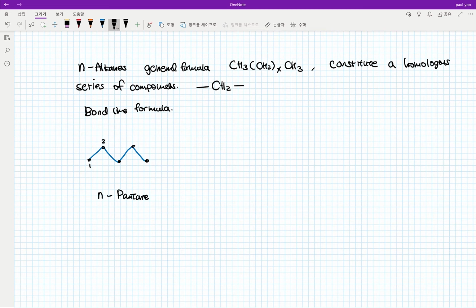It has 1, 2, 3, 4, 5 carbons, and always we expect to have hydrogens attached to the carbons, and this gets abbreviated into the bond line formula as 1, 2, 3, 4, 5.